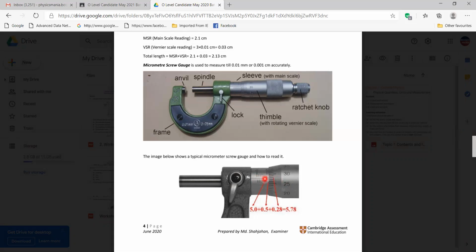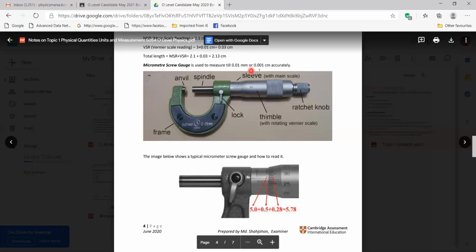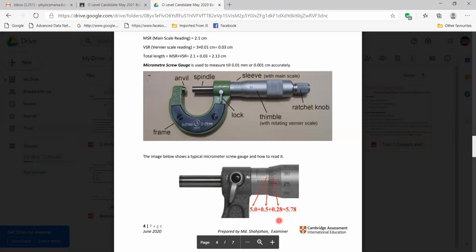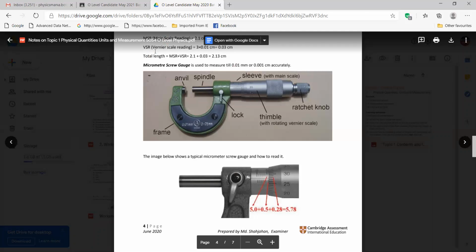So 28, as we are measuring millimeter, 28 multiplied by 0.01 millimeter, okay? That's giving you 0.28. So it's coming 5.78, okay? Yes sir. 5.78, and you are getting the reading in millimeter.